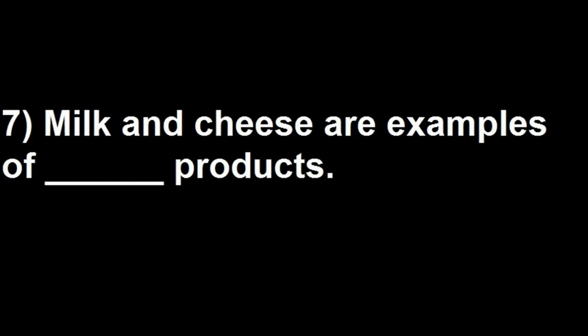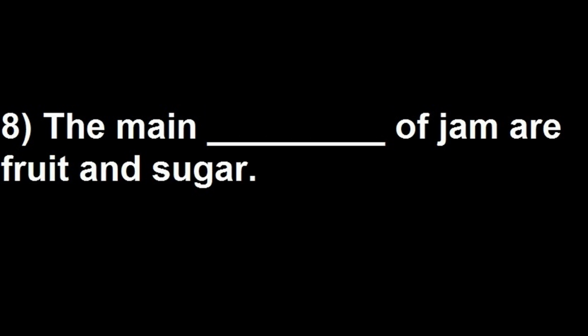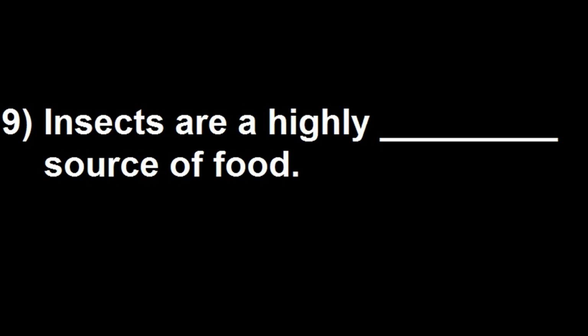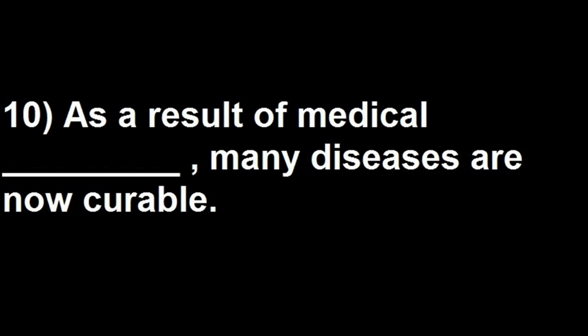Number 7. Milk and cheese are examples of products. Number 8. The main of them are fruit and sugar. Number 9. Insects are a highly source of food. Number 10.